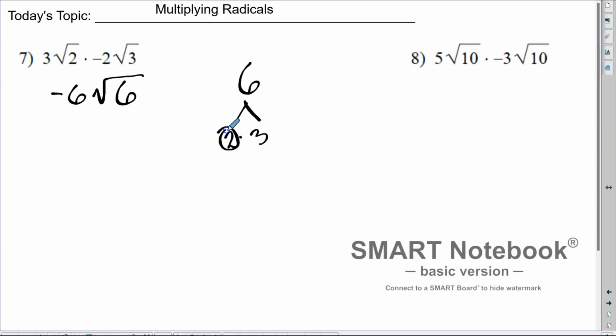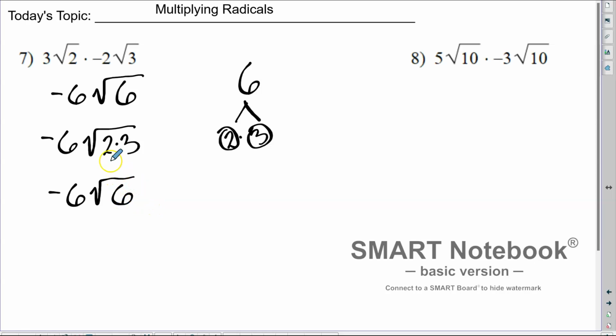And rewrite it. 2 times 3. Now, as you guys remember in the past, if there's pairs, they come out. If there's no pairs, you leave as is, and you recombine. So let's go ahead and just put it together.